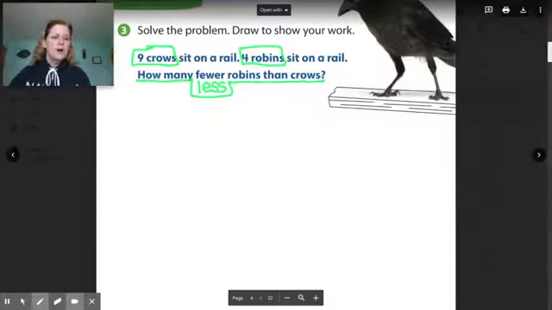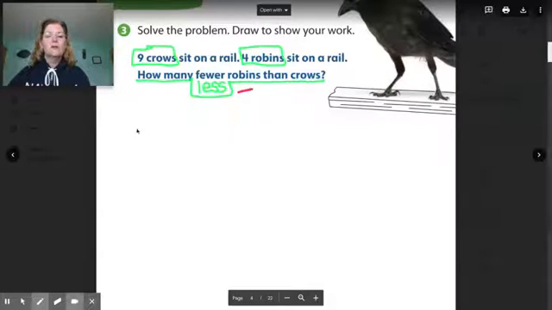All right, so as you guys remember, there are so many different ways that you can solve a problem. But if there are 9 crows sitting on a rail and 4 robins sitting on a rail, and we need to find out how many fewer robins than crows, how many less robins there are, this is definitely minus.